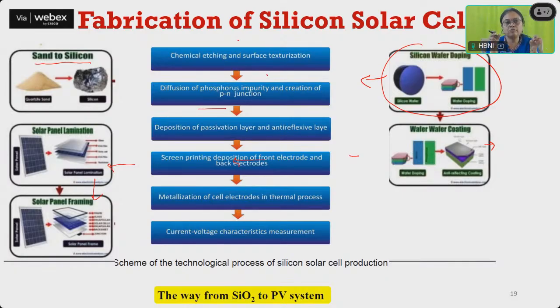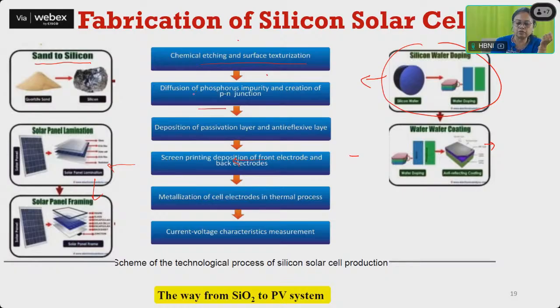A single silicon wafer is taken, and some part is doped with the p-type dopant and the other part with the n-type dopant. First in this process, chemical etching is done so that any impurity is etched out.